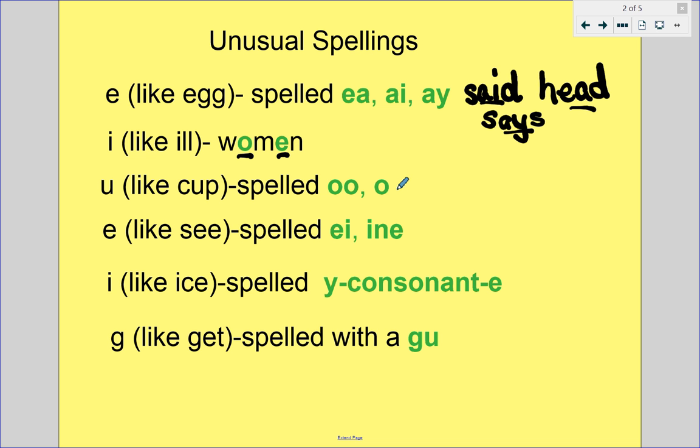Like the word, I don't want to use that word. Let's do the word blood. B-L-O-O-D. The O has the sound.